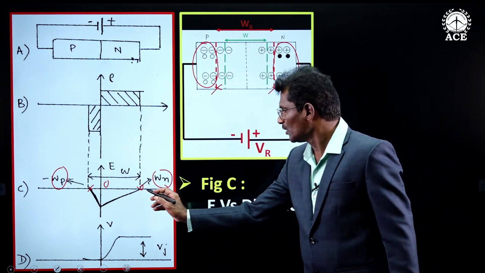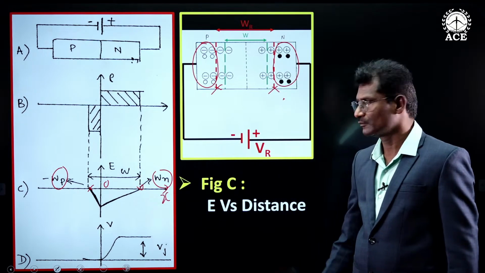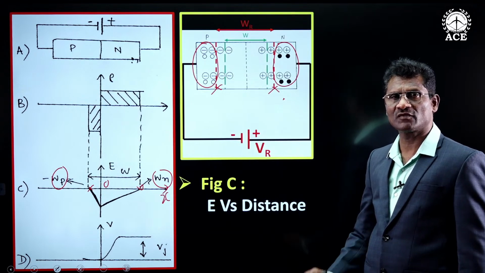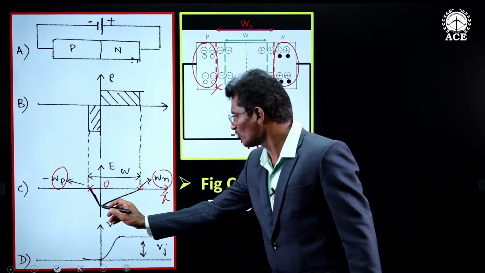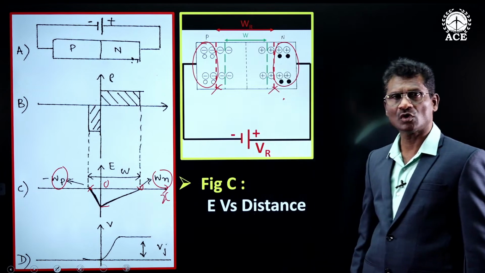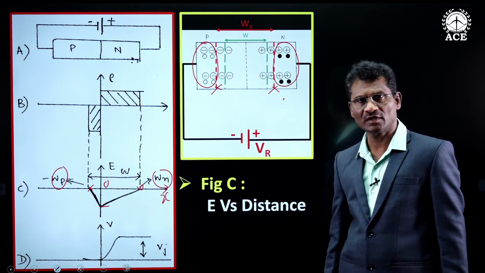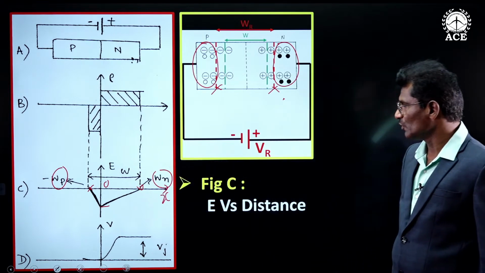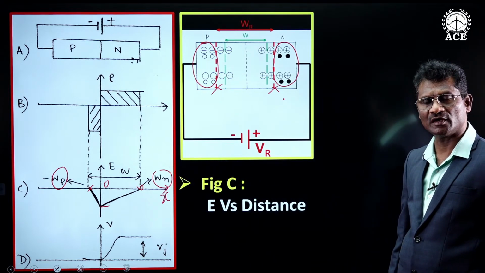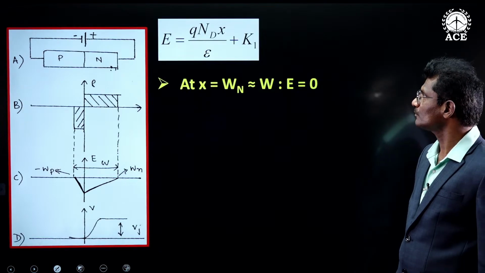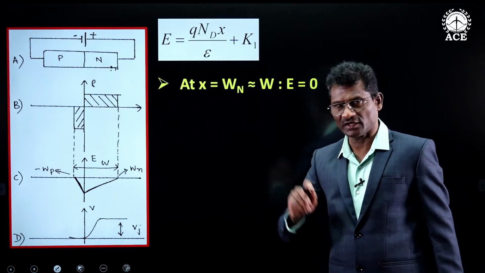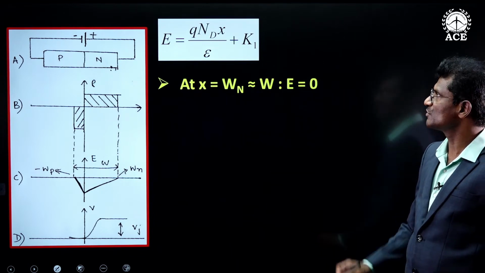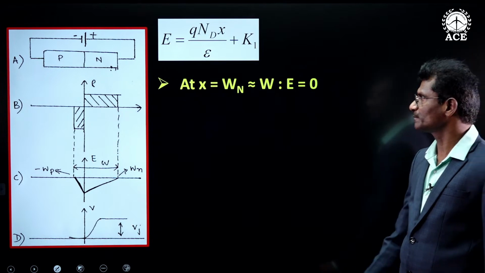Or to say, to the right side of Wn and to the left side of minus Wp, electric field should be zero, and it will be maximum at the center, called as E0, electric field intensity. So this figure C shows variation of electric field with distance. Now using this graph, we will try to find out the value of K1, which is an integral constant.